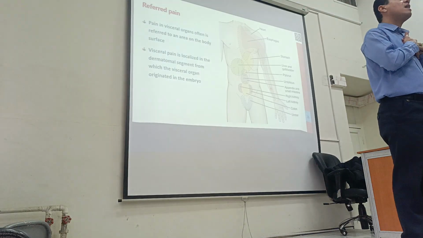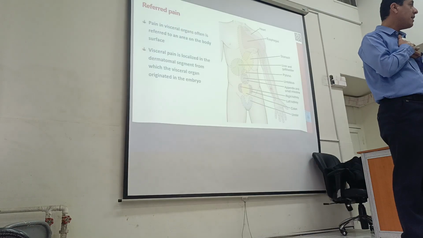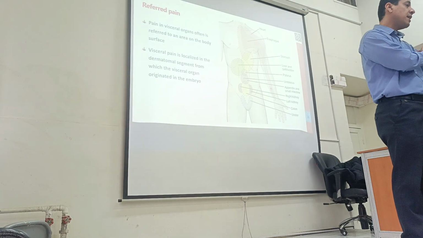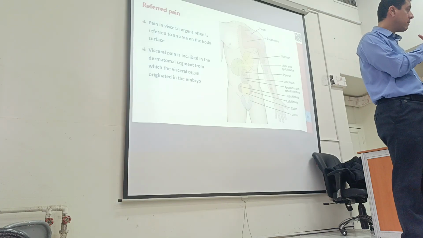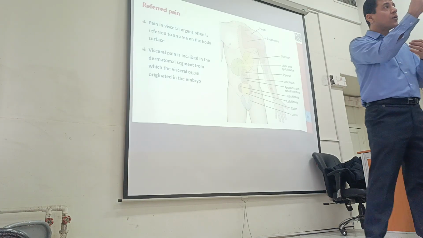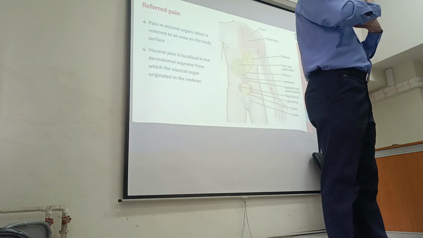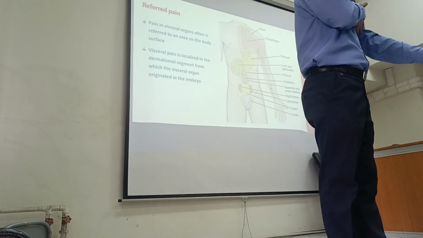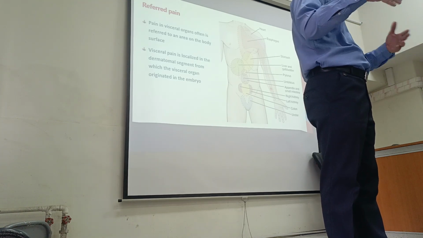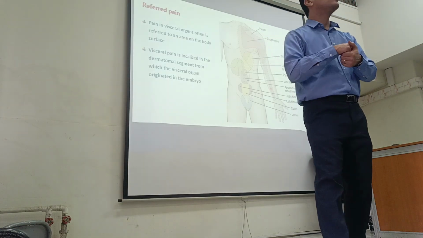So the patient may have heart pain, but the pain is referred to the left arm or the left side of the neck, right? So the origin of the damage or the origin of the pain is from the heart, but the feeling of the pain is in the arm. So we call this referred pain, right?